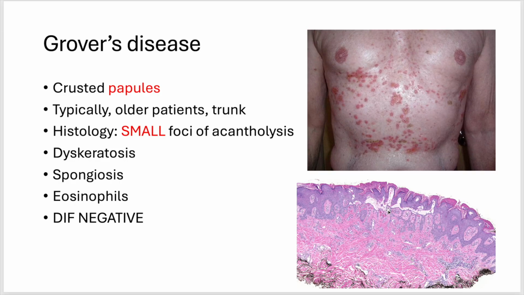But unlike the inherited forms we just talked about, Grover's disease is not genetic, and tends to be more sporadic or environmentally triggered, like heat or sweating. So it is quite common during the summertime. You may also see spongiosis and eosinophils, and importantly, the direct immunofluorescence is negative.